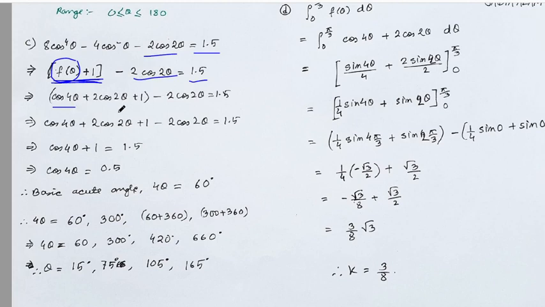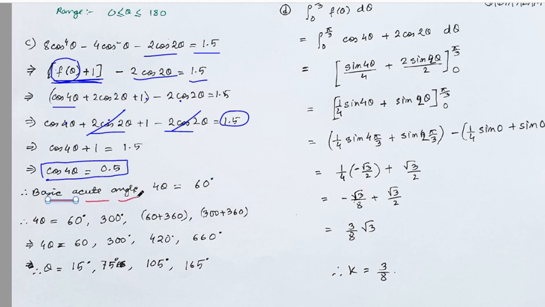And then when you remove the bracket and start simplifying, you will get cos 4 theta plus 2 cos 2 theta plus 1, and this thing. As you can see, plus 2 minus 2, it's the same thing. You can cancel them out. So you're left with cos 4 theta plus 1 and 1.5 at the right side. So we need to subject cos 4 theta. So that's the final line.